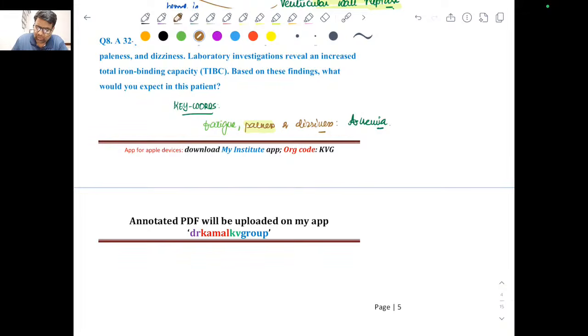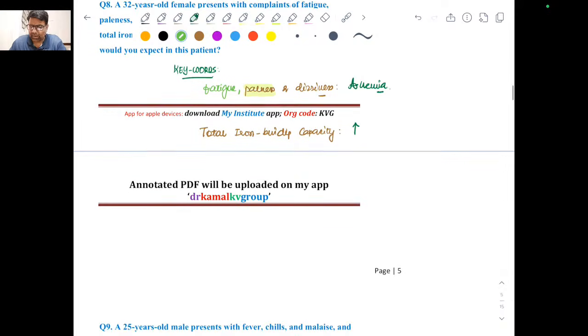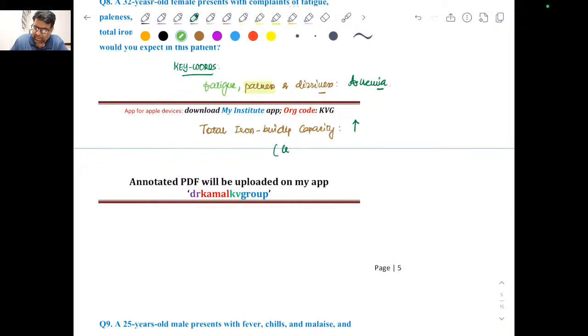Another classical clue word is given: total iron binding capacity is increased, right? So it means the transferrin is less saturated.